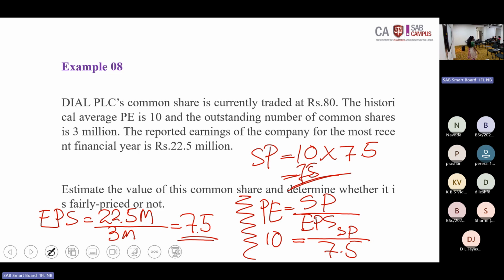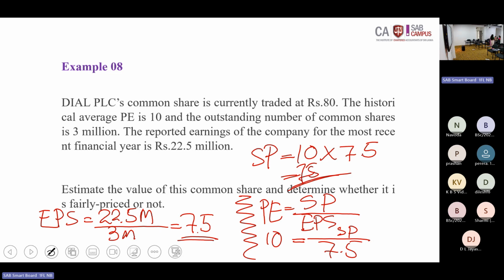What's the share price? The value of a share, how much? 75. Now the share is currently trading at 80. So what happened to the share?